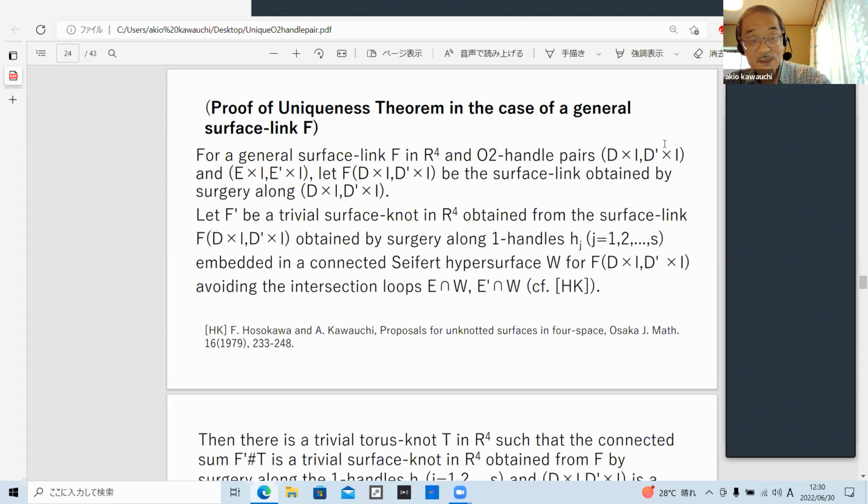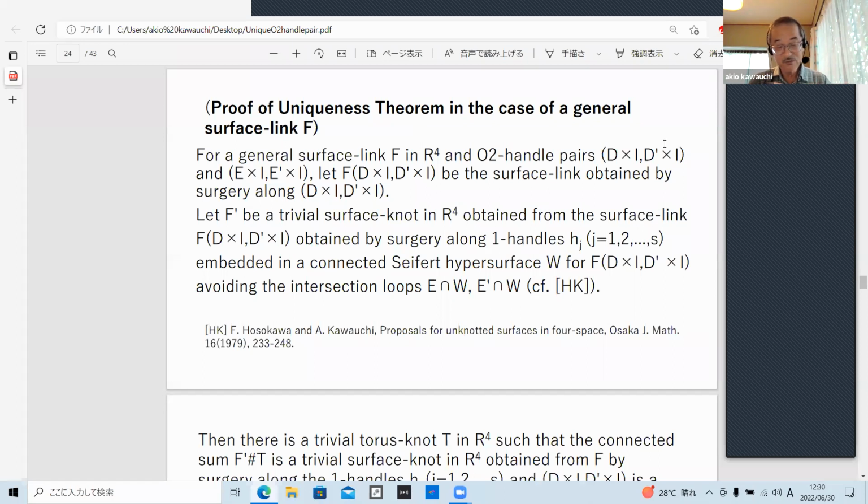So E and E dash, avoiding the roots. Okay, so some 100. It's a 3-manifold, a bounded 3-manifold. In that case, 100 removed.